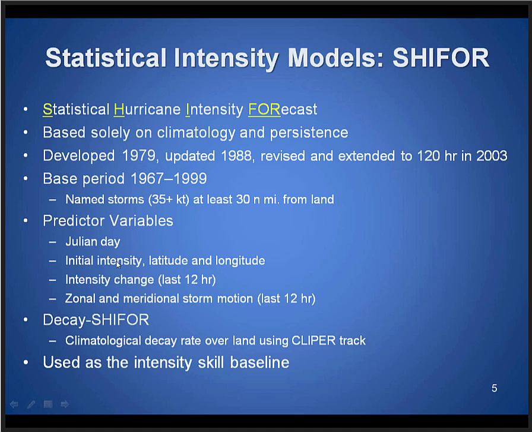We know if there's a system at 40 north, it's not likely to intensify because it's already at the end of its life cycle, not the beginning. The persistence factor is just what the peak winds are now versus what they were 12 hours ago. And then the motion of the storm as well. Again, if it's moving northward or northeastward, it's very unlikely it's going to intensify at that point.